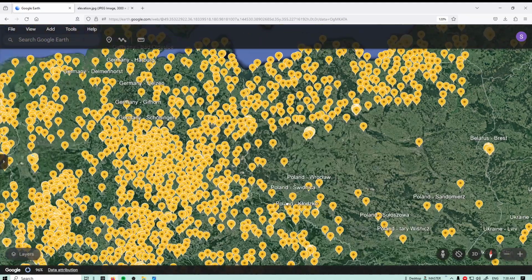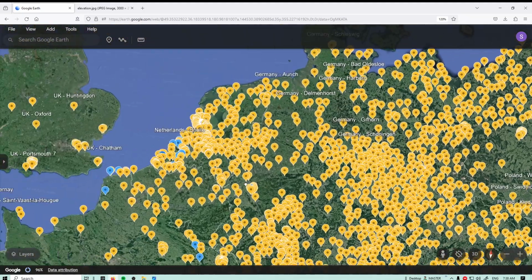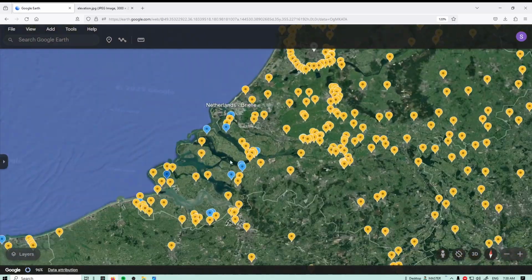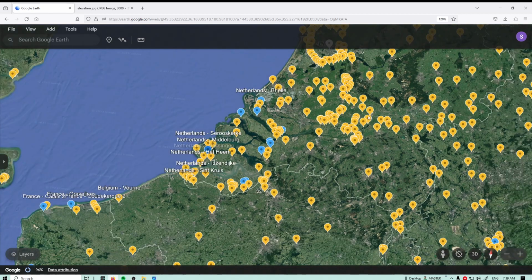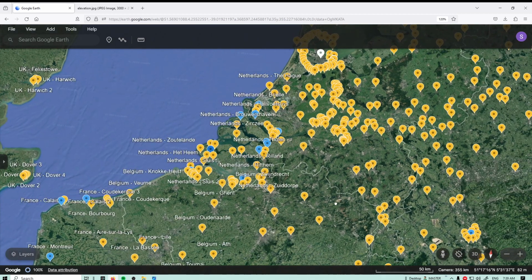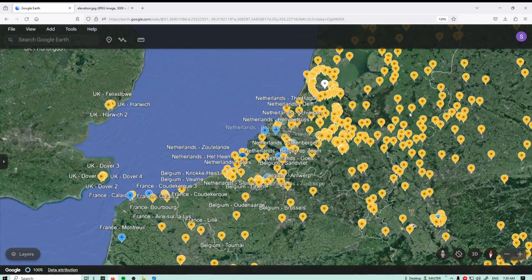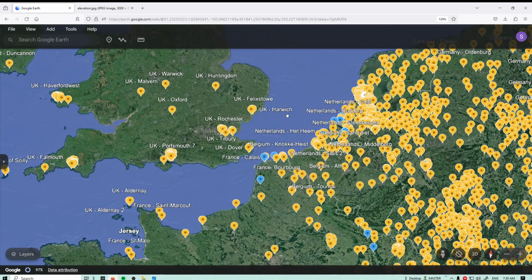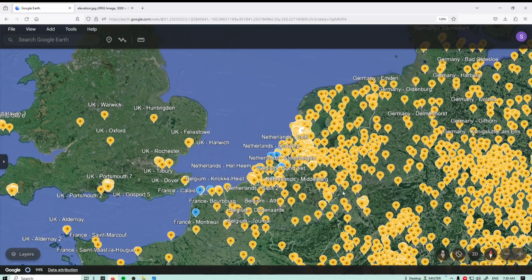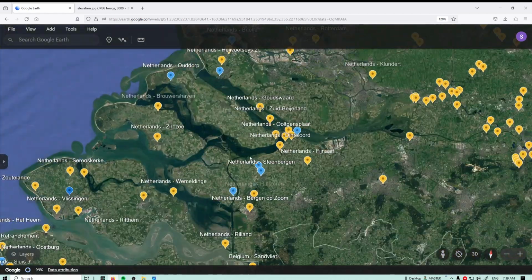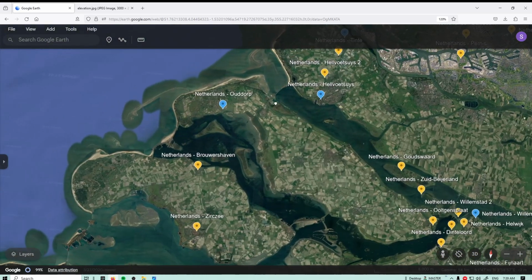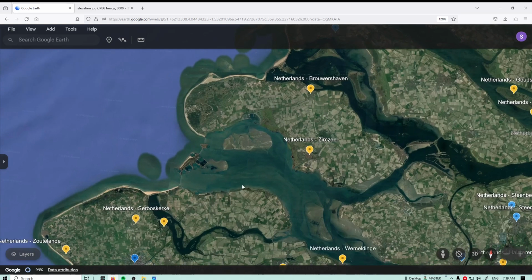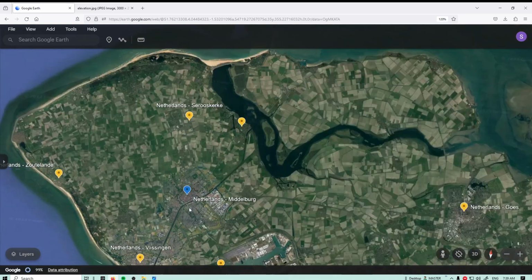Okay, we're gonna go to the Netherlands. The Netherlands and this region, all this region. That's where you can find the most beautiful places. So we're gonna go in Netherlands. I like to go to Middelburg.